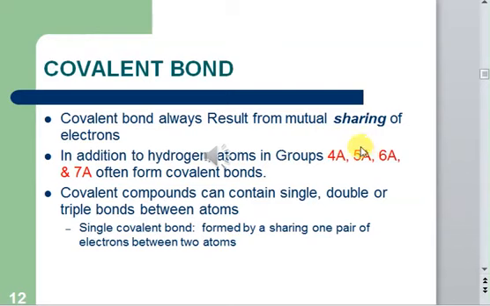If you are treating 5A with a metal, they will form an ionic bond. But if you are treating 5A with hydrogen, or with a member of group 4A, 6A or 7A, then among these elements 5A cannot lose electrons and cannot gain electrons, because 6A will never give electrons to 5A.